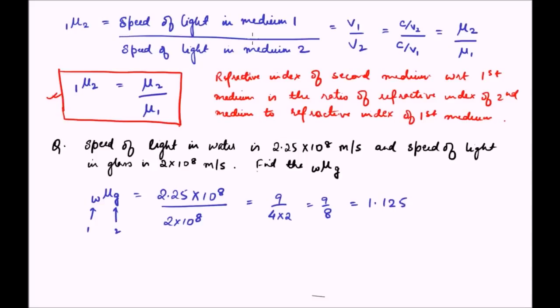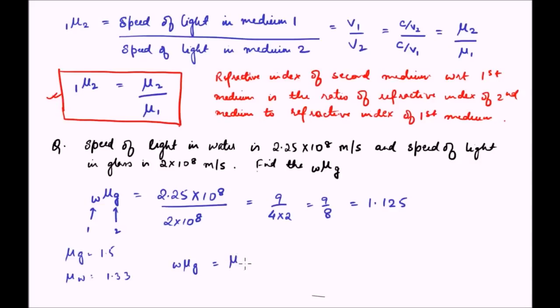Alternatively, if the question said that the refractive index of the second medium, the glass, is 1.5, if it was given that mu g is 1.5 and mu water is 1.33, then again I would have written mu of g with respect to w is mu of g upon mu of w, and that would have given me 1.5 upon 1.33, and effectively 3 by 2, 4 by 3, effectively I would have got the same answer.